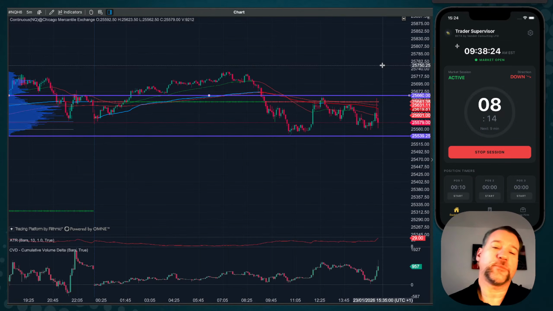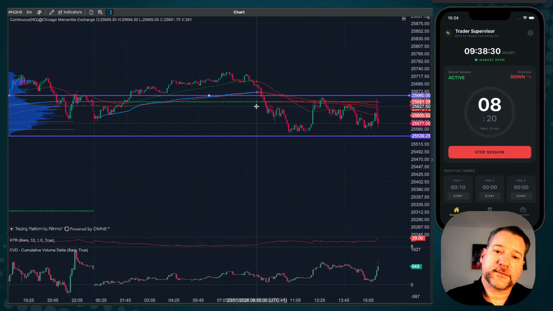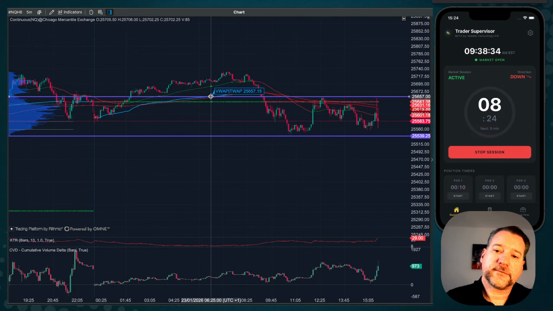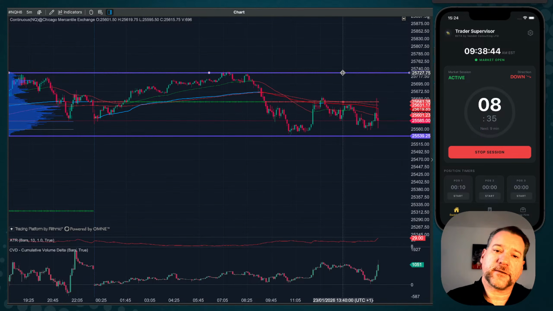This is how this app works. It's gonna allow you to take your time, think about it, and do some level of basic analysis. So it didn't break up. It has to break out of this range here, and then there's another level here.